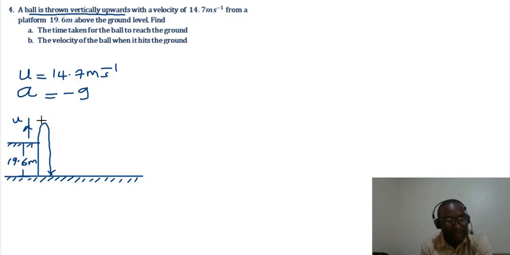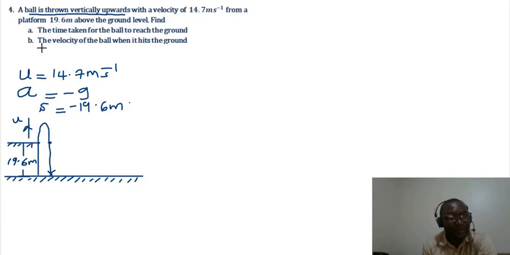Why are we doing that? To find the displacement. So the displacement from this point of projection up to where it hits the ground is going to be negative 19.6 meters. Reason being, from here up to this other point here, the displacement is 0. So we are left with this negative journey.